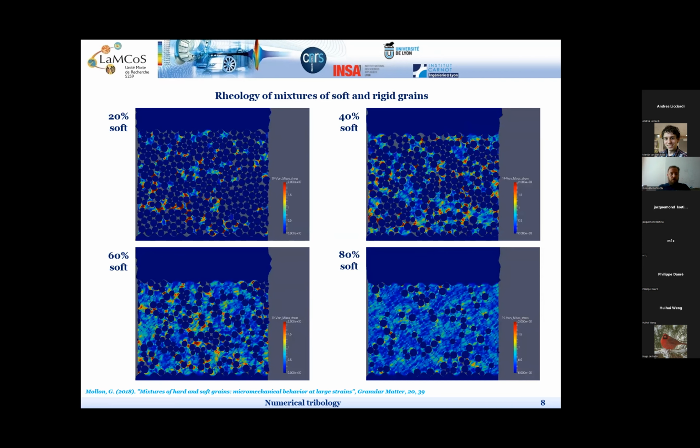So sliding in rocks, as you know, in rock faults occurs with a wide range of seismic and aseismic events. And one usual way to understand this is to compare the weakening or hardening character of the friction law that exists in the fault with the stiffness of the surrounding medium. This is the classical view here.